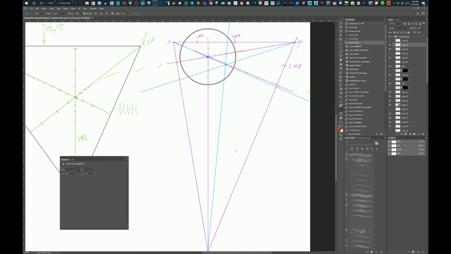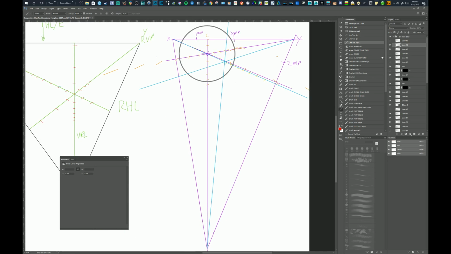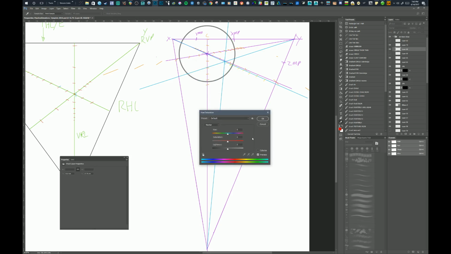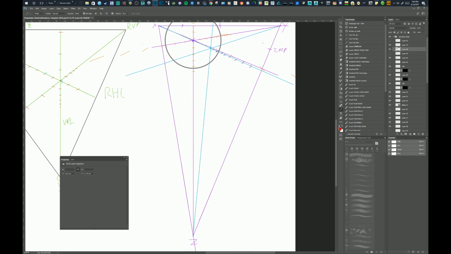And then on this one, I will change the color of it. We'll colorize this. We'll make it a little bit darker here, and more saturated. Yeah, that's fine.